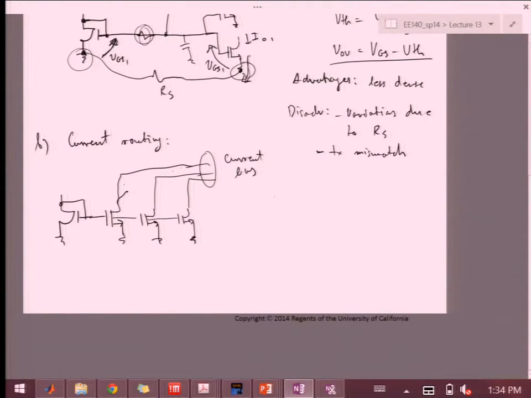Now, you obviously see that advantages are going to be matching, as well as no supply R, right? And disadvantage will be just lots of wires.